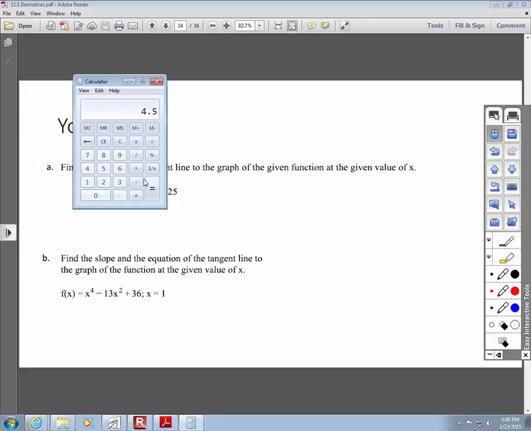Wait a second. I said 9 divided by 2. Excuse me. Okay, clear. 9 divided by 10 is 0.9, not 4.5, okay? So 0.9, let me clear this here.